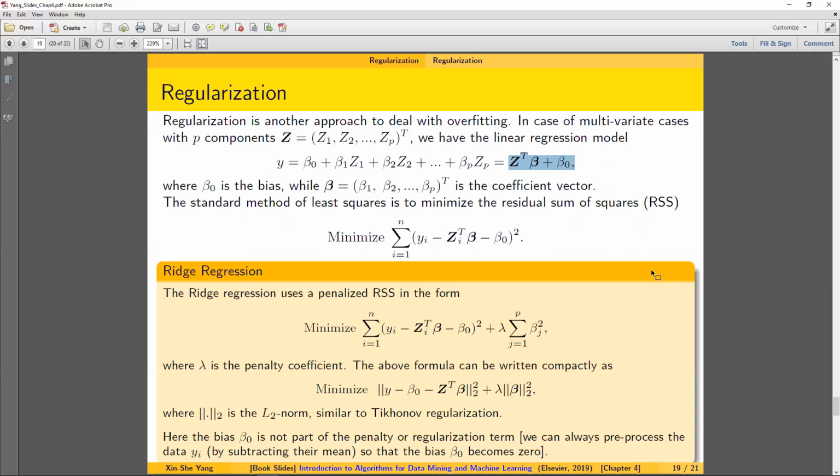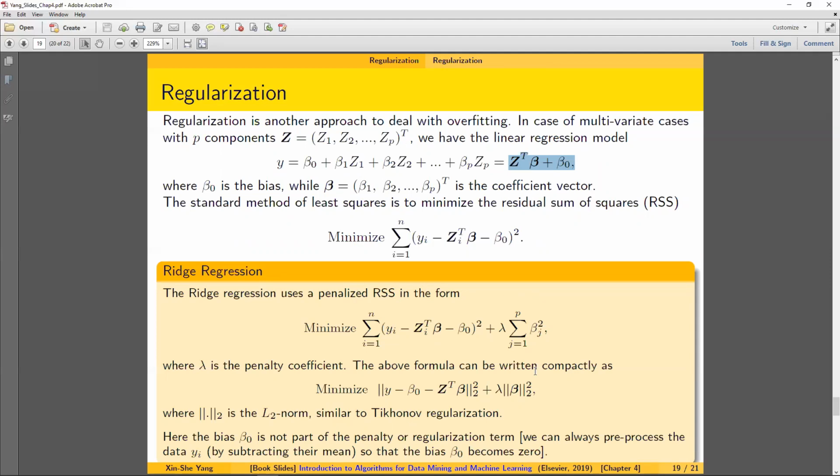The standard method of least squares is to minimize the residual sum of squares, which is this, and that's just linear regression.